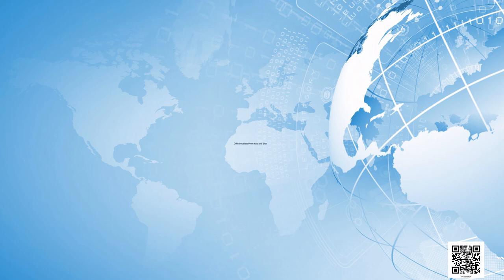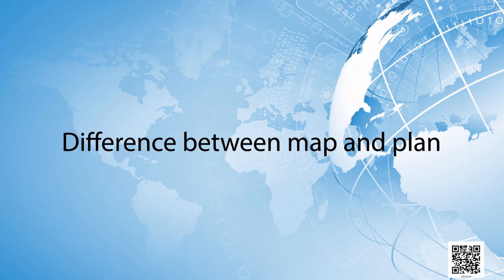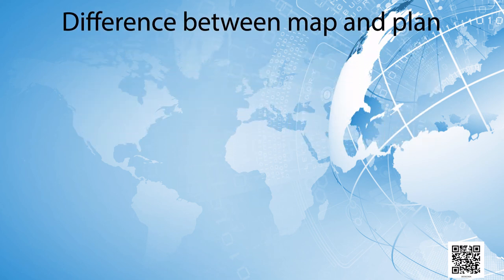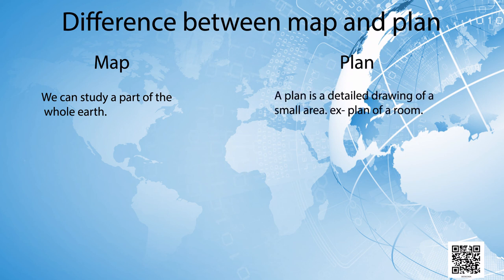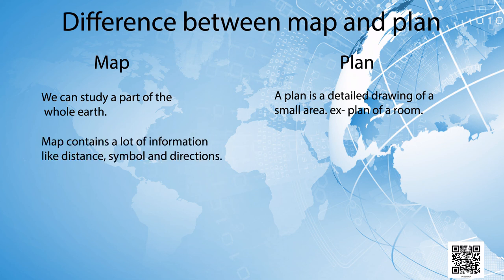So students, here we discuss the difference between map and plan. In a map, we can study a part or the whole earth. A plan is a detailed drawing of a small area, for example, a plan of a room. A map contains a lot of information like distance, symbols and directions.